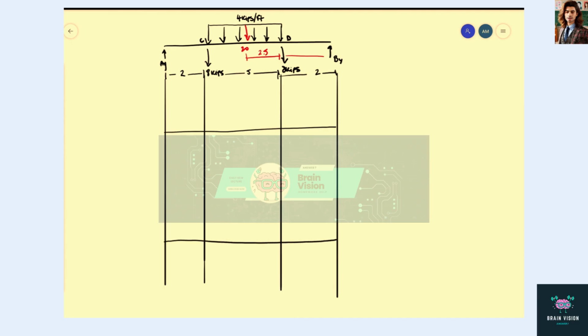So this is our shear force, this is our moment.